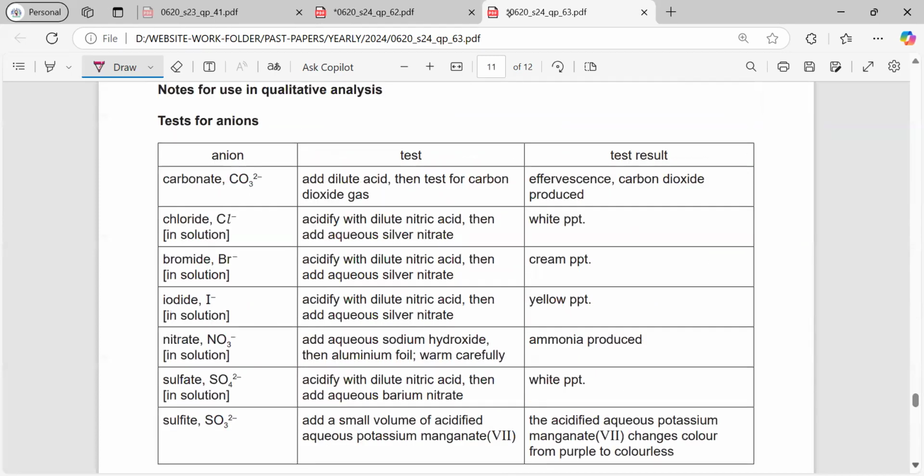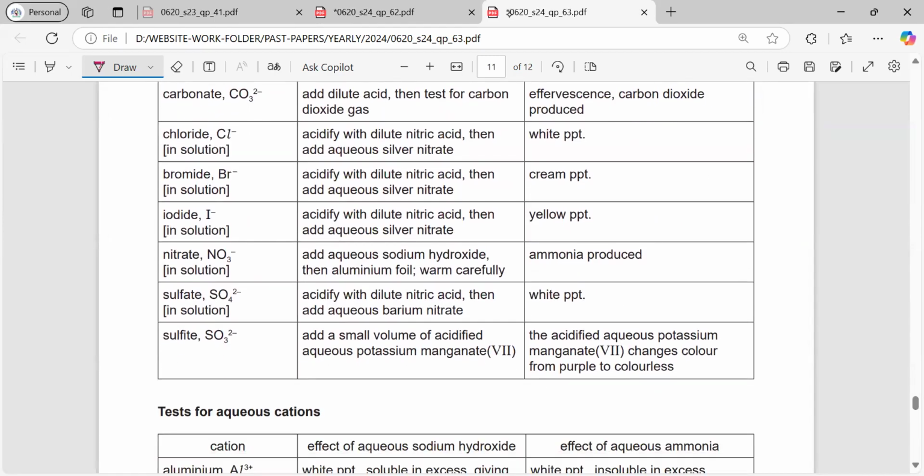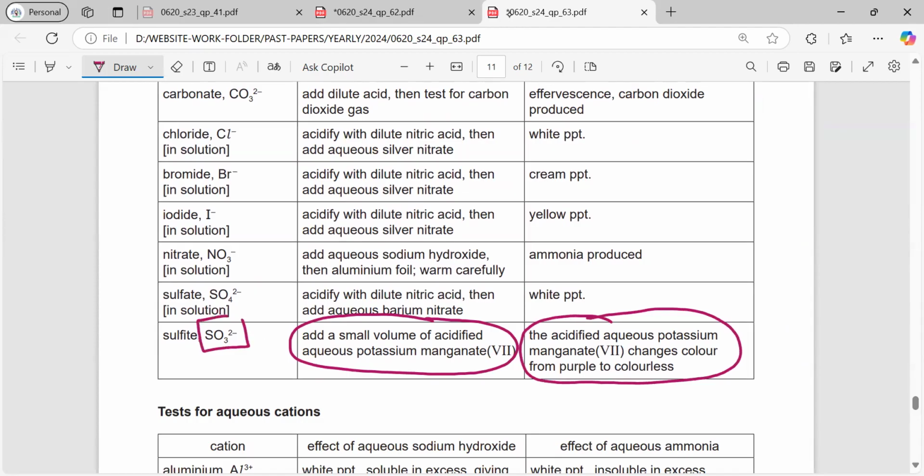As we can see in the data sheet, the potassium manganate changes its color from purple to colorless in the presence of sulfite ion. But here we have nitrate, and the nitrate ion will not decolorize potassium manganate.